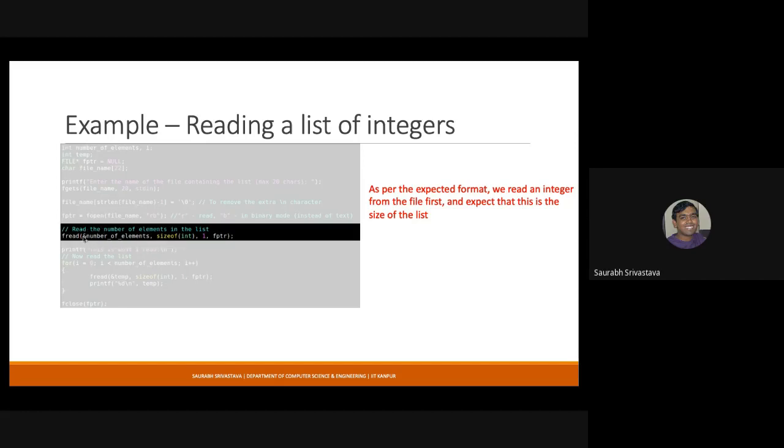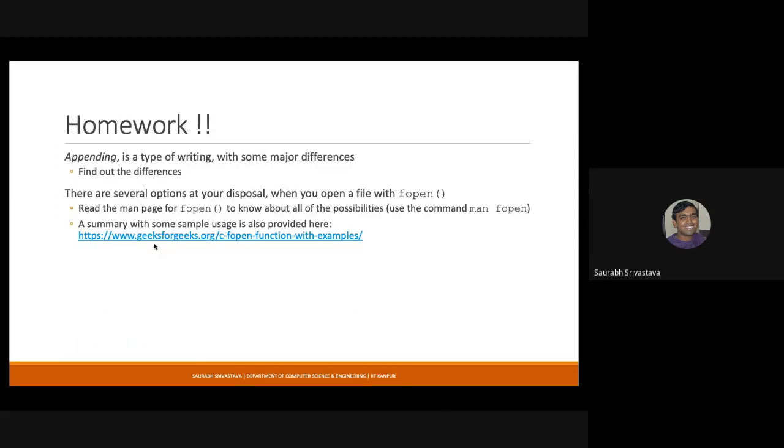So here the variable is actually number of elements. You are saying that please read size of int multiplied by 1, these many bytes from the file, and copy it to this variable. Again, here also you can simply read a complete array in one iteration. Any questions?